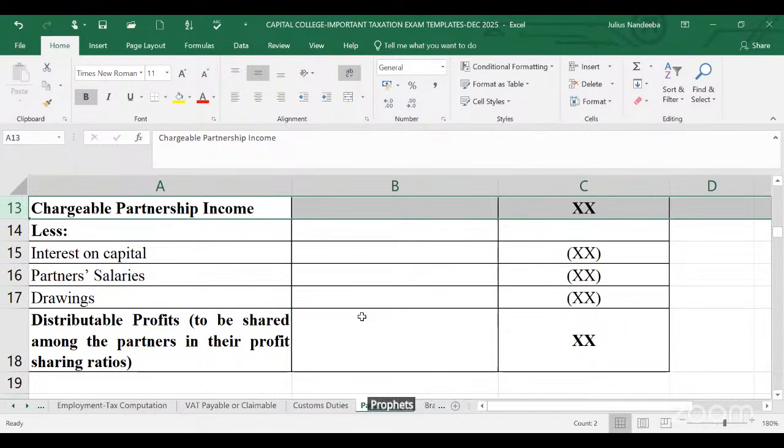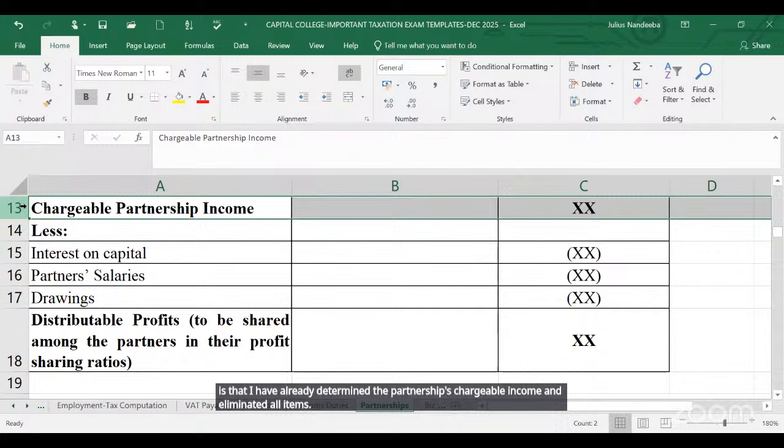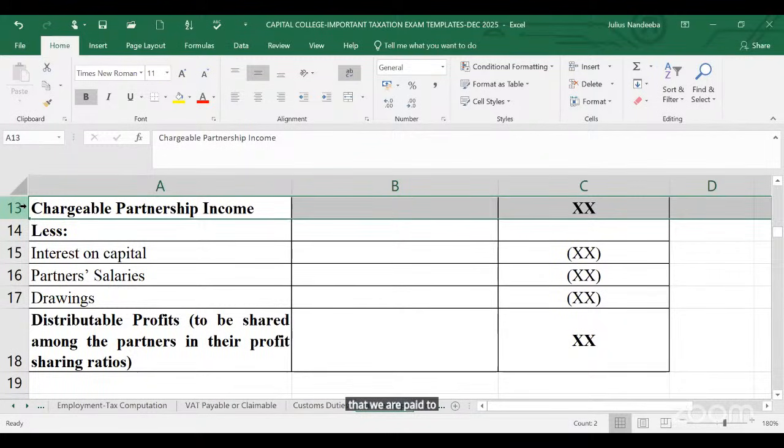How do you determine the distributable profits? The question you're answering is that I have already determined the partnership's chargeable income and eliminated all items that were paid to partners. At this time, you ask yourself, but is this money still in the partnership or did the partners take it? Indeed, the partners took it.